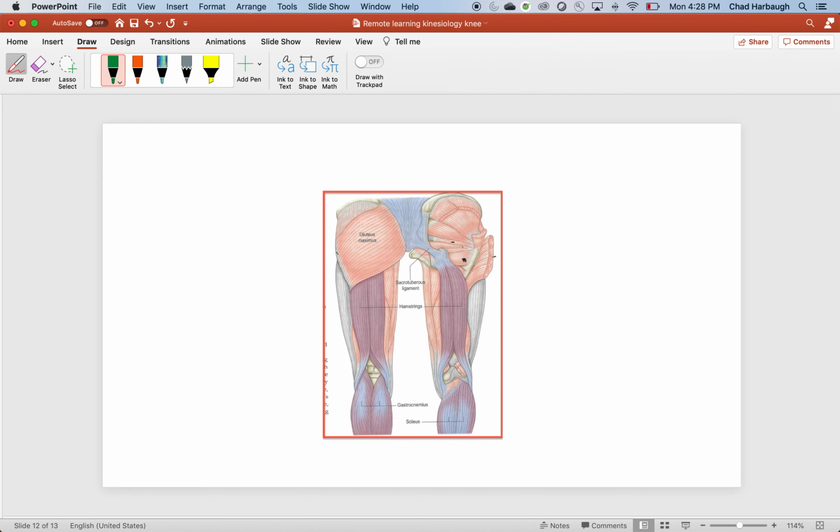So finally, when we're looking at the hamstring group, just as a reminder, your knee joint does rotation. When we're looking at the biceps femoris, especially the long head, we're going to see that the biceps femoris does external rotation, where the semitendinosus and semimembranosus do internal rotation, or what we consider to be medial rotation.